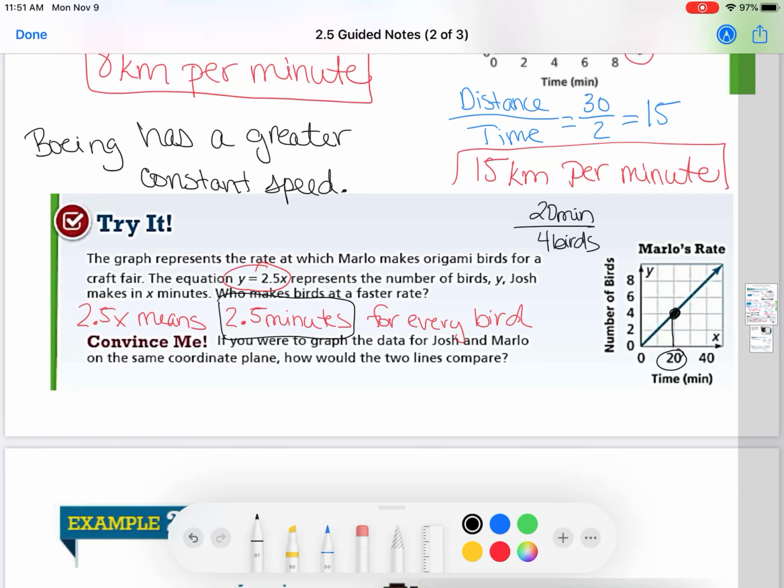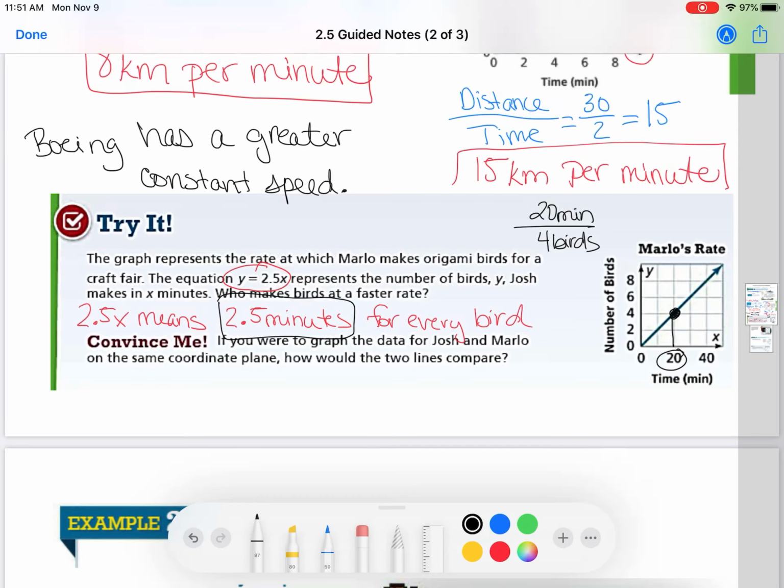So for example, if we would have seen the line kind of going up and down on the airplane one we just talked about, that would mean the speed would be changing, which we know in reality does happen. It has to speed up at the beginning and slow down when you're ready to arrive at your destination. But the part that we're looking at on these graphs are specifically the straight lines, meaning something is consistent.